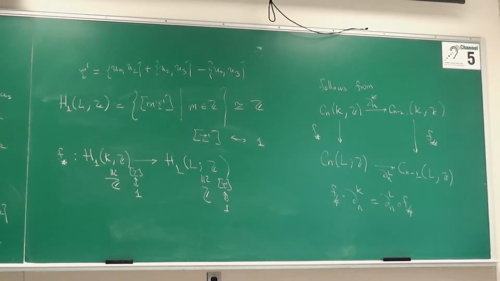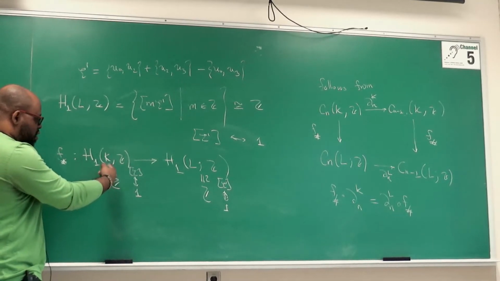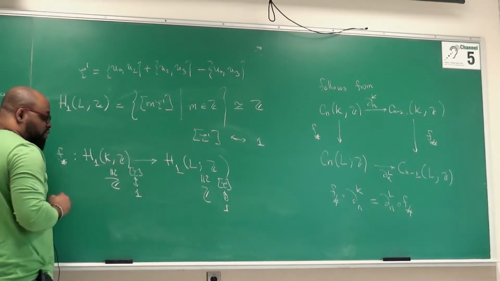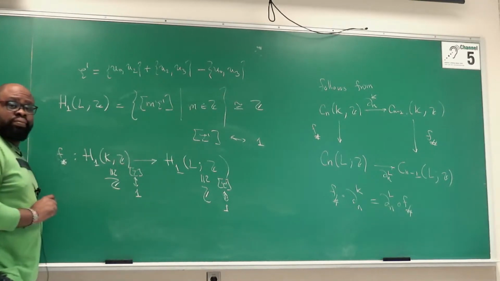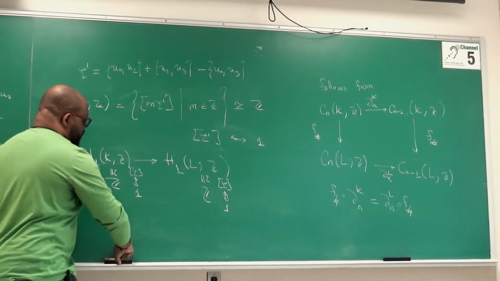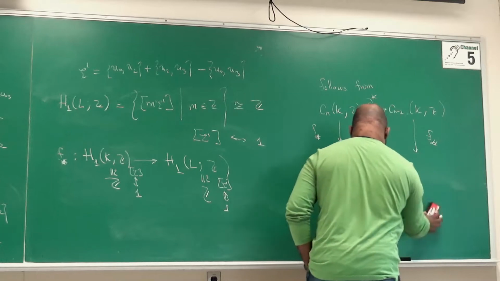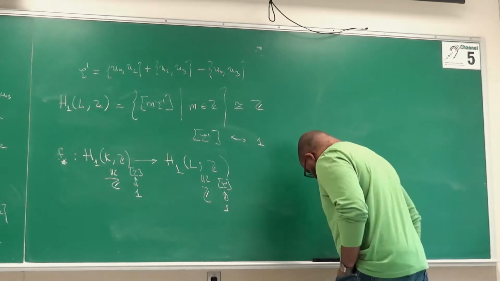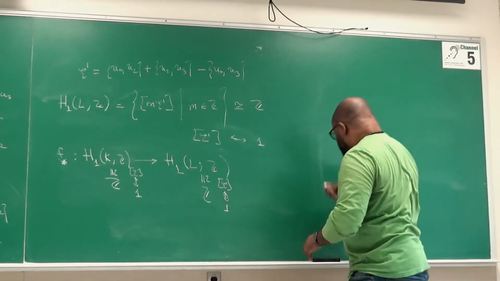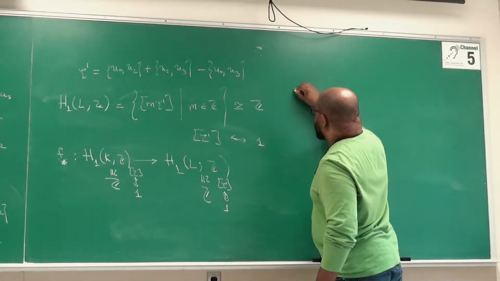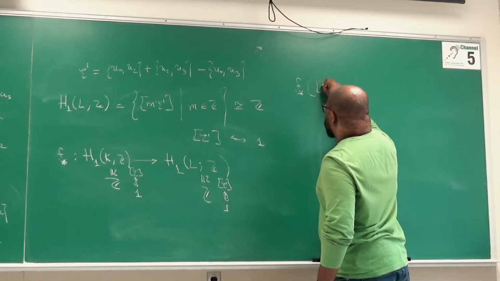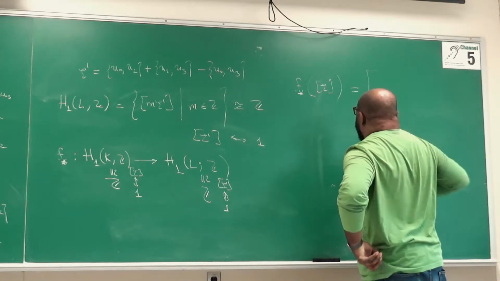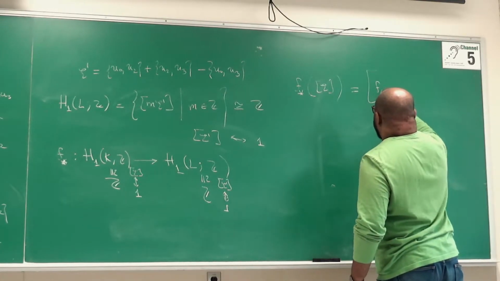Okay. So if I want to know what F star is on every element in here, it is enough to check what happens to zeta, in other words, to 1. So let's do it over here. By definition, F star of the class of zeta is the same thing as taking the class of F sharp of zeta.